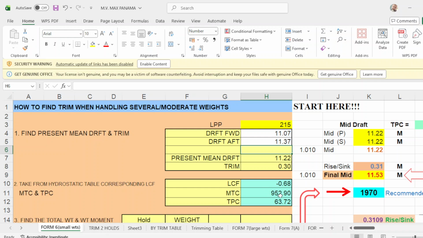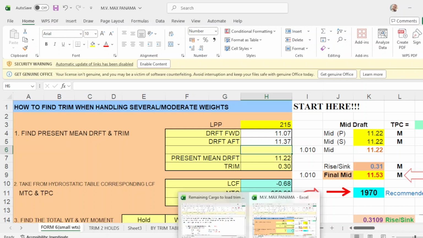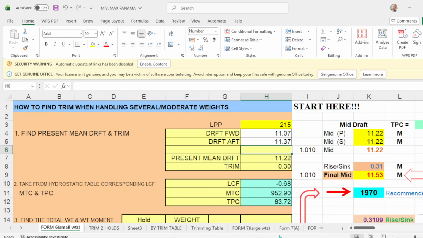So let's try to check this one, guys. So we go to the program again. We go now to the hydrostatic table. So you go to hydrostatic tables, this one.